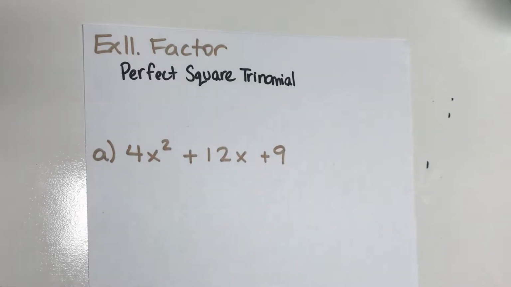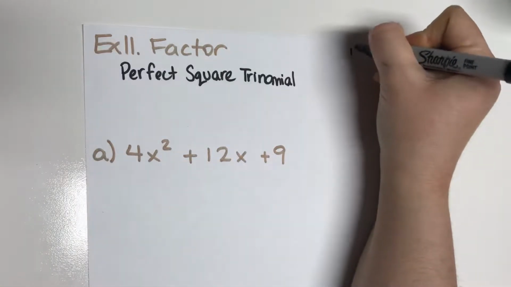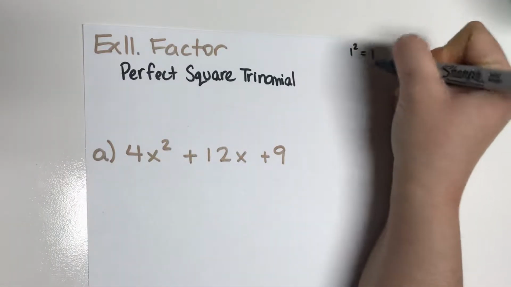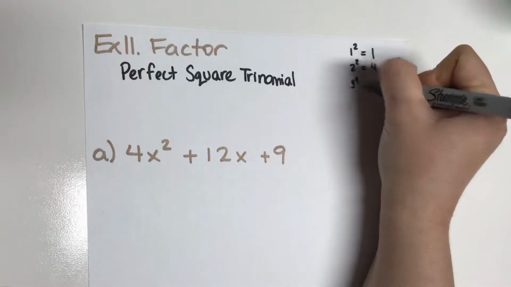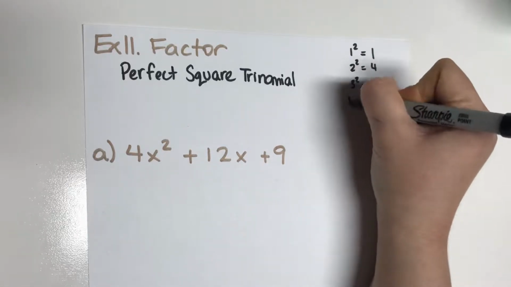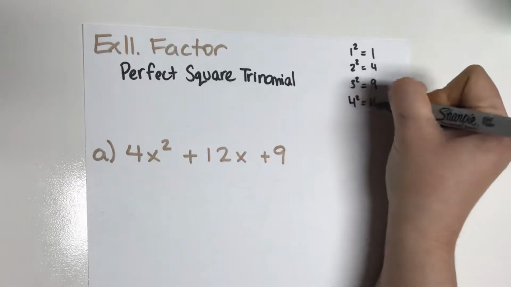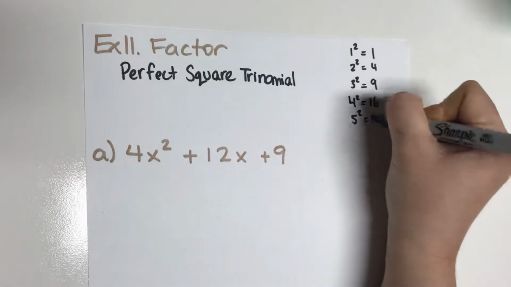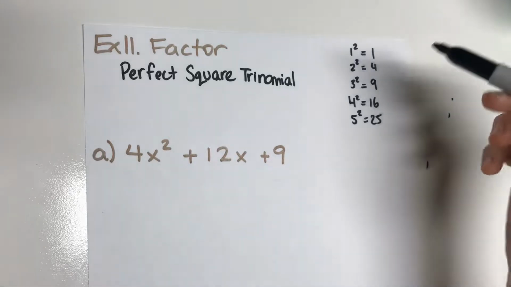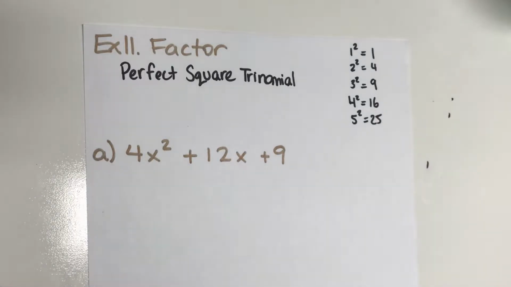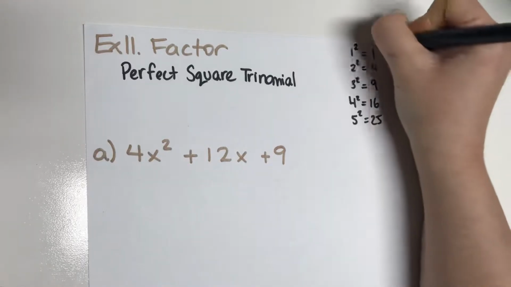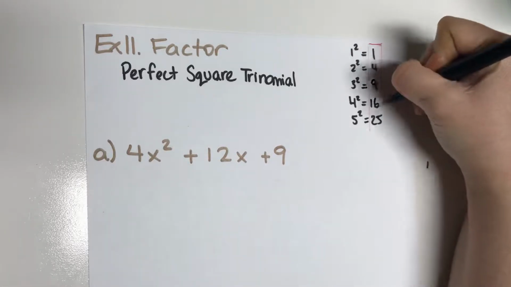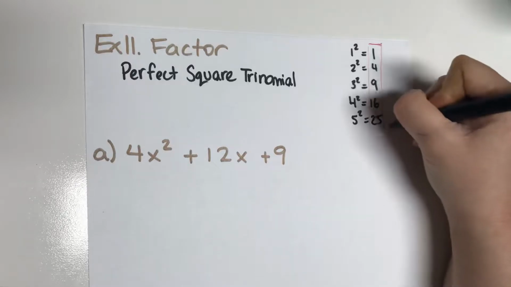And what the word perfect square refers to is when we do 1 squared, we get 1. 2 squared is 4. 3 squared is 9. 4 squared, 16, etc. These numbers on this side here, we call these numbers perfect squares because they are made from a number that's multiplied by itself.